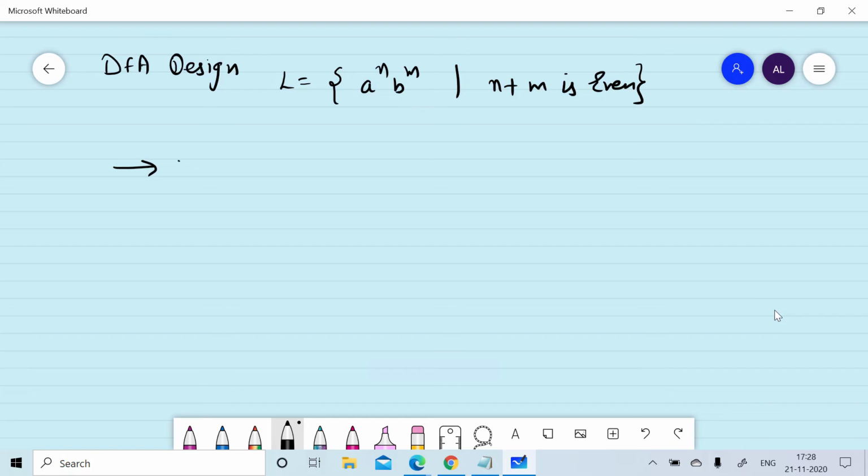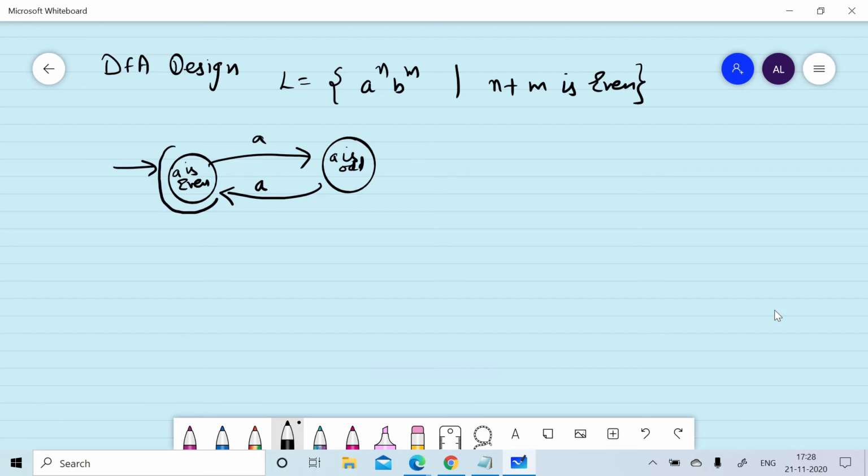So we can have the number of a. If we read a, from the initial state where the number of a is even, we move to a state where the number of a is odd, and b we have not read yet. And if we read a again, we will move back to the initial state. It is possible that the number of b is not present, so it can be the final state.